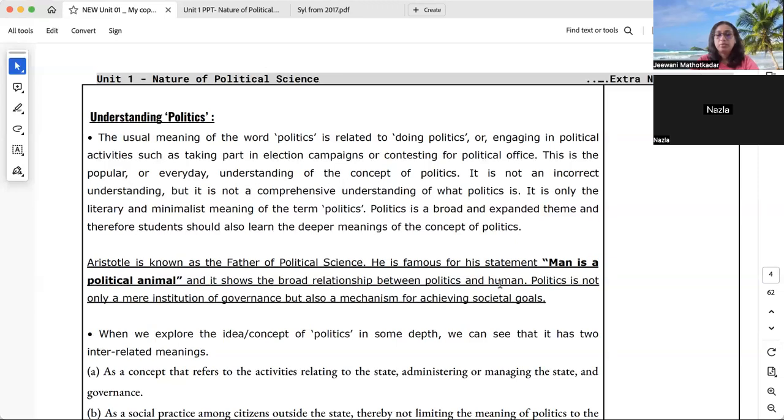He is famous for his statement, man is a political animal. And it shows the broad relationship between politics and human.